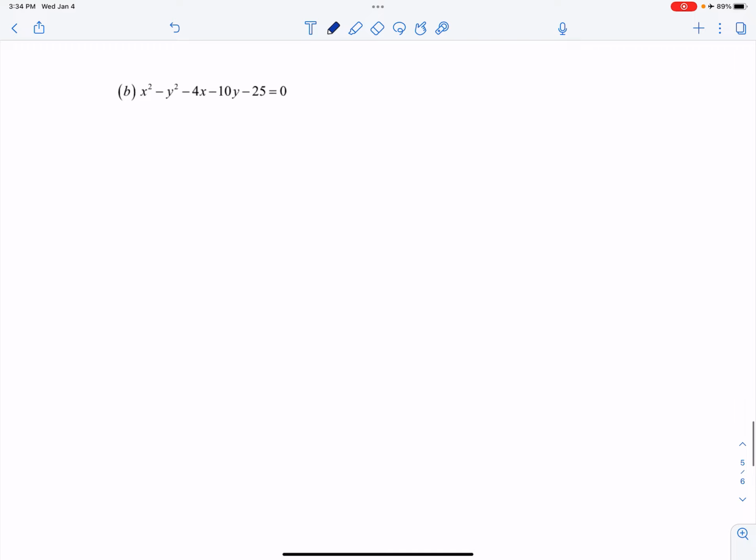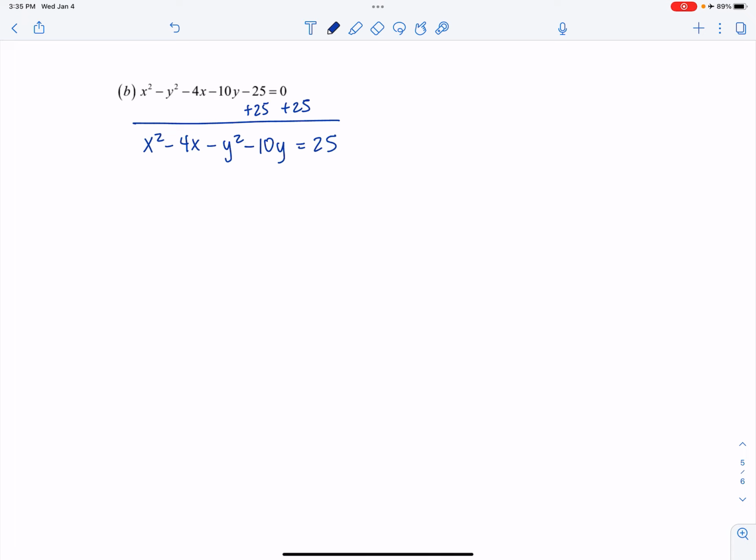All right, let's find all of the characteristics of this guy. So the first thing we need to do is rewrite it into the form we're familiar with. I'm going to add the 25 over, and put the 4x by the x squared: x squared minus 4x minus y squared minus 10y equals 25.